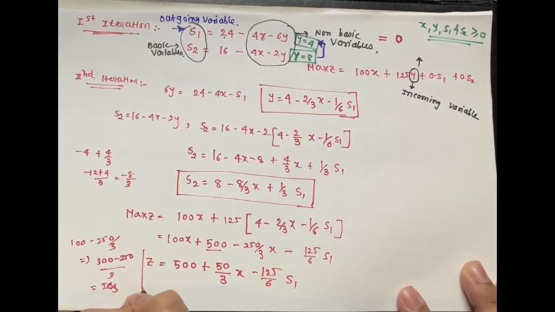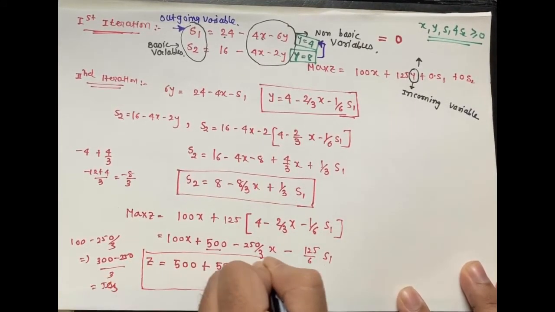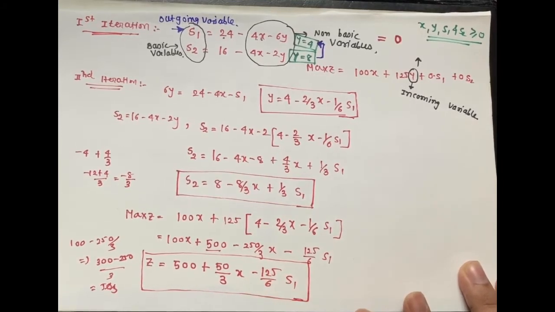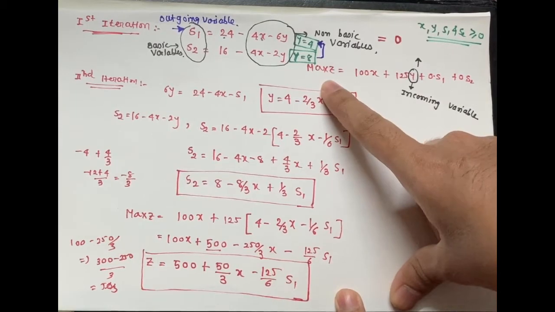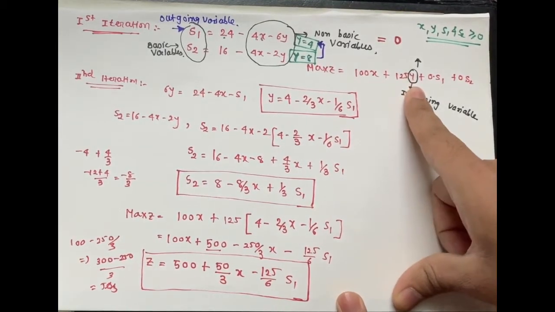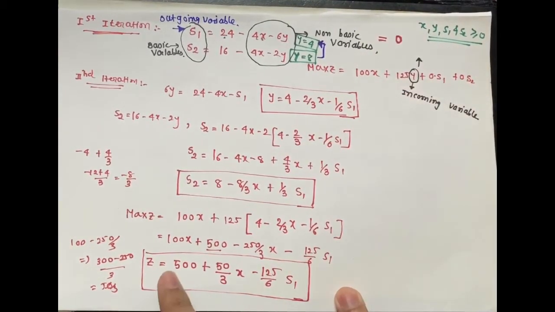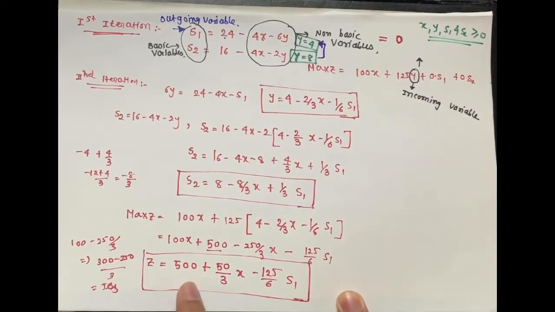This is my objective function. See, initially I had maximum z as 0. Now z has already been increased by 500, because now I am getting 500 plus 50 by 3x minus 125 by 6 s1.